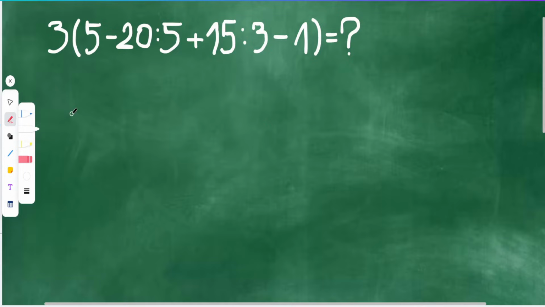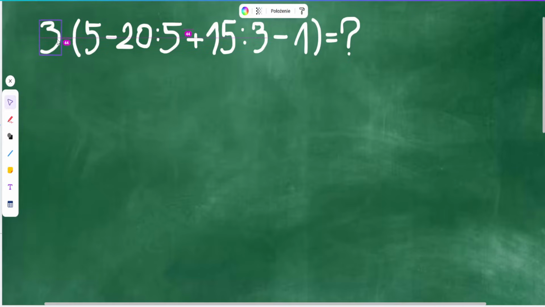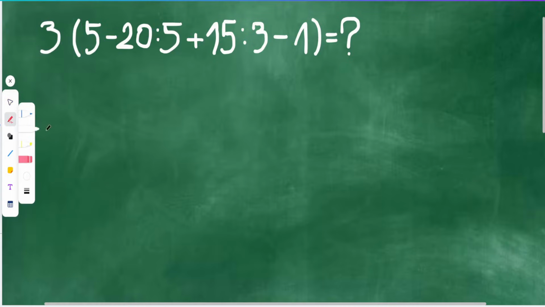Mathematics strives for simple notations, and whenever we have such a notation, it consists in the fact that there is simply multiplication here. Yes, we do not write it down, but we certainly know that it is there. In connection with the fact that from now on we already know about it, I will write it down to remind you of it while calculating this task.